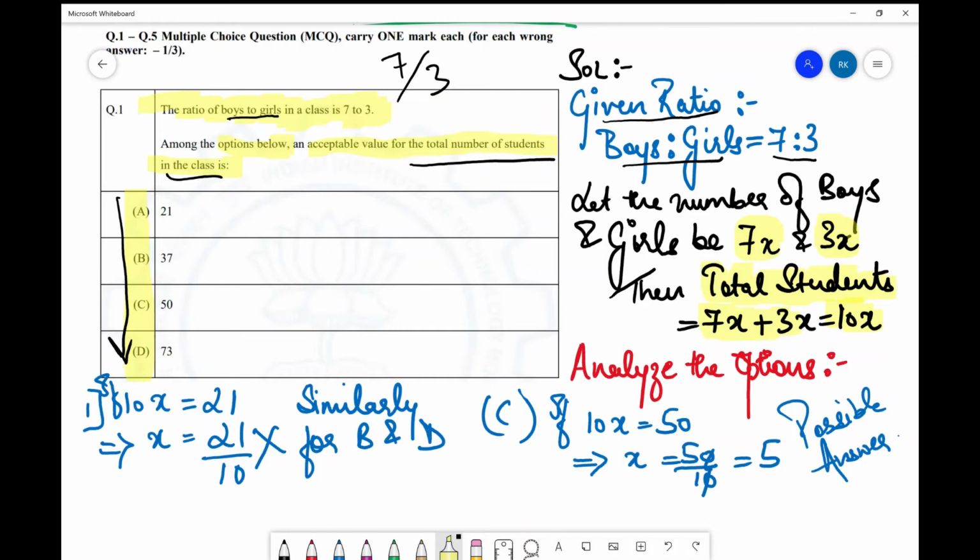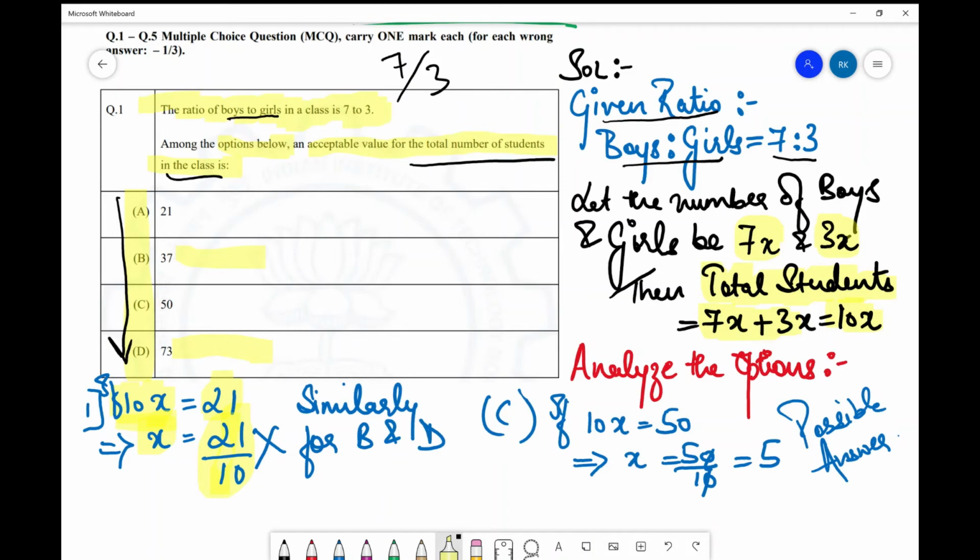If I start with the first one and equate 10x with 21, I get x equals 21 by 10. So this is some fractional value, right? But the number of students cannot be a fractional number. The same goes for option B and option D.